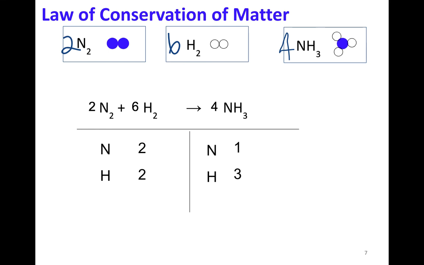Now let's recount the atoms. I have a molecule of N2, and I have 2 of them. So I say 2 times 2, so now I have 4 nitrogen instead of just 2. With this coefficient of 6 in front of the H2, 6 times 2, I now have 12 H's.